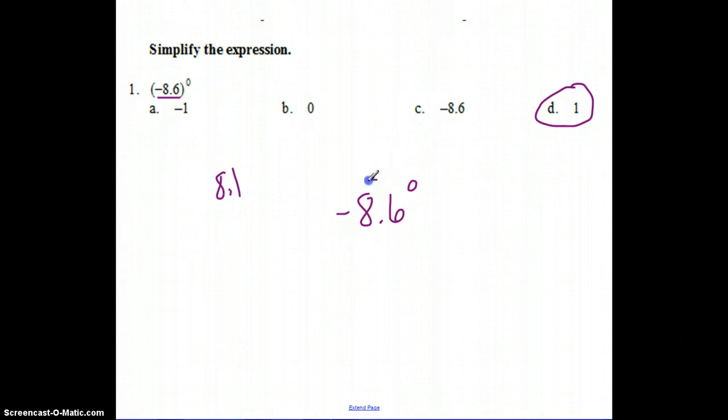In this one, we have a problem that we can solve here because the base is actually 8.6 and then the exponent is 0. So this part in the box is actually equal to 1, so this one would actually be equal to negative 1. So be sure that you are looking at whether the base is entirely contained in the parentheses or not. That will make a big difference.